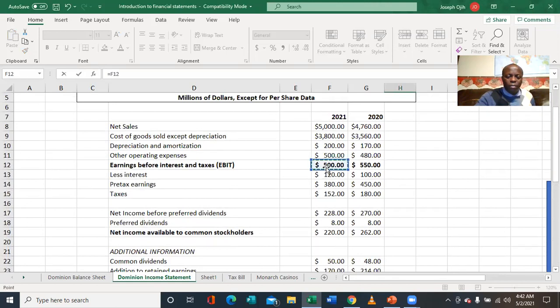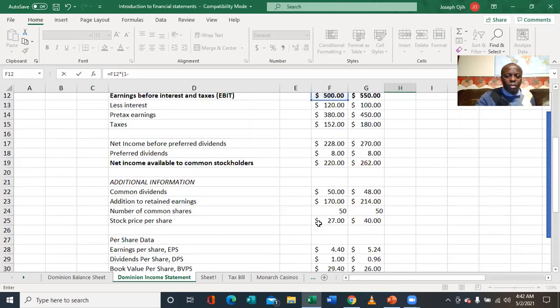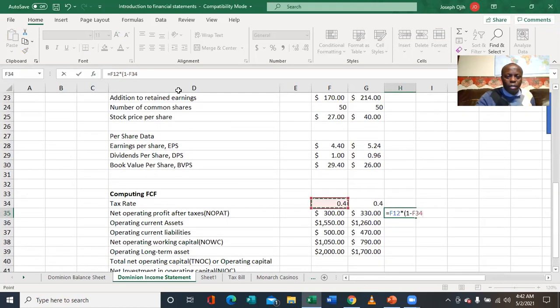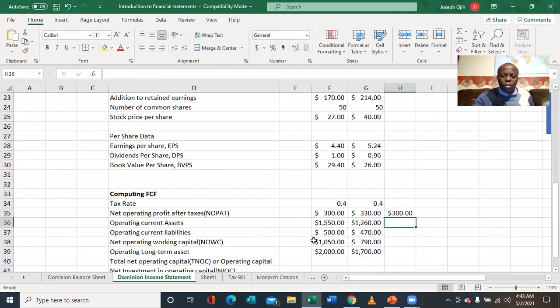Click on that. Times, okay, 1 minus, you can see the work here. The tax rate is 40%, and then we close the parenthesis. So you can see 300 million. I have the same result here and here.